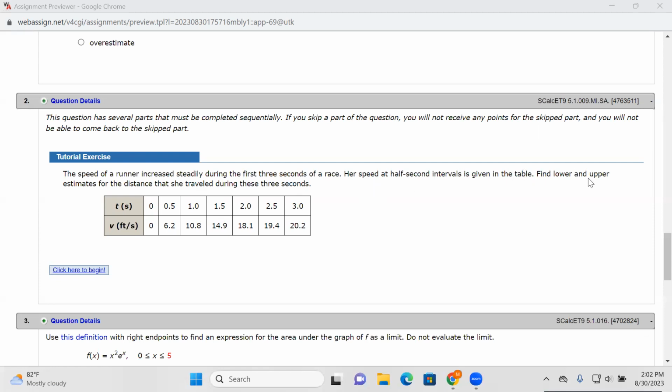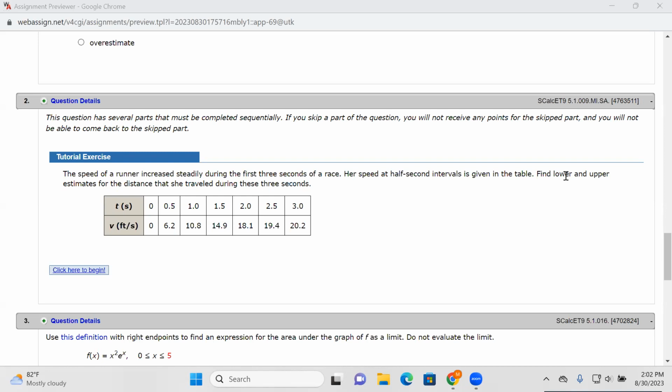So we may not have talked about that specific topic in class, but it's worth mentioning here. Lower estimate means on every subinterval, so the subinterval between 0 and 0.5 and 0.5 and 1, pick the smaller of the two function values at the endpoints. So when you've got the 0 and the 0.5, pick the lowest function value you have access to if you want to do a lower estimate.